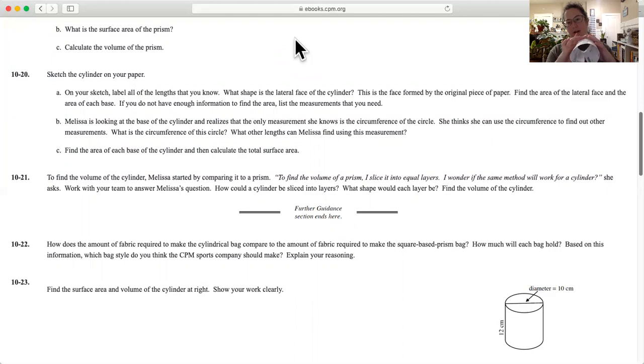If you're not sure, you can look back in your lessons that we did on area of a circle, or you can Google, but basically pi is the ratio of the circumference to the diameter. So if you take the circumference and divide it by pi, then you would find the diameter across the circle.